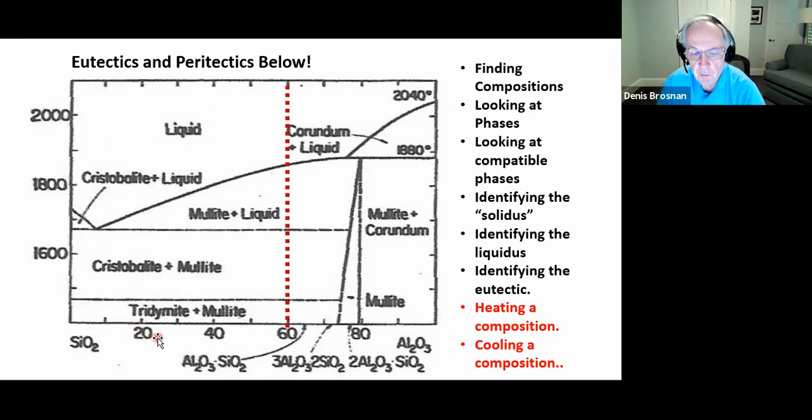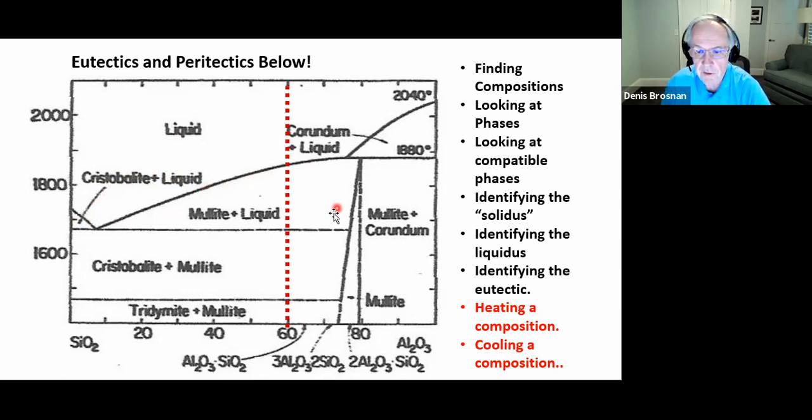Now, in this phase equilibrium diagram, there are some things that you need to know. Each phase field is denoted by a name. And if it's a small phase field, like this one right here, enclosed by these lines, then it's going to be denoted by a name outside of the phase field with an arrow pointing to it.